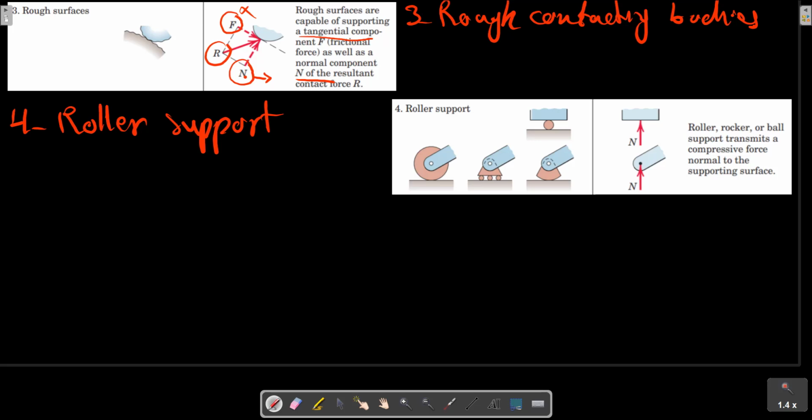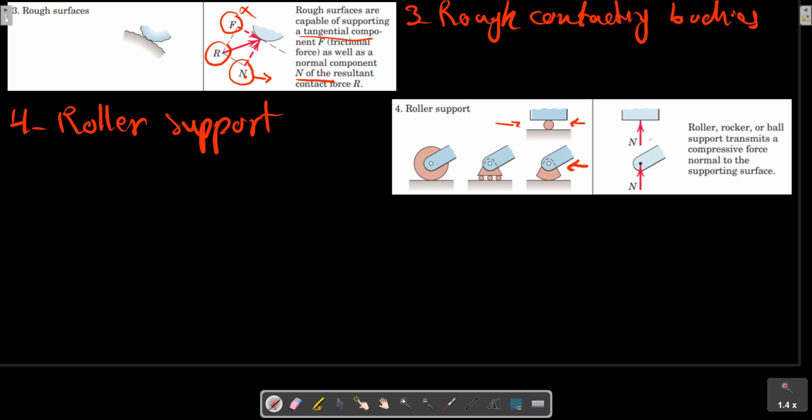Example 4 illustrates a number of forms of mechanical support which effectively eliminate tangential friction force. In these cases, the net reaction is normal to the supporting surface because the structure cannot resist a horizontal force applied on it.